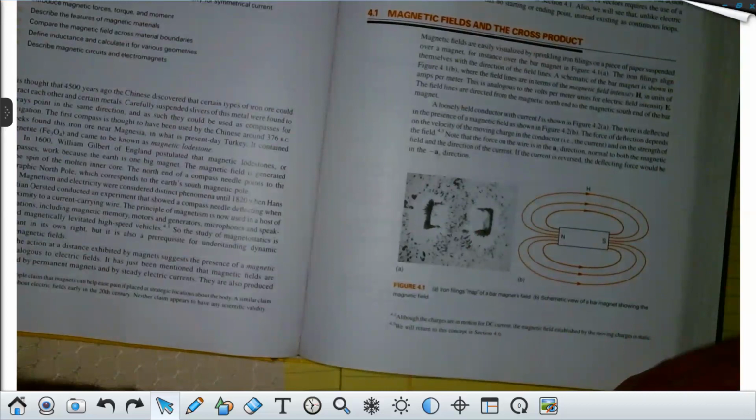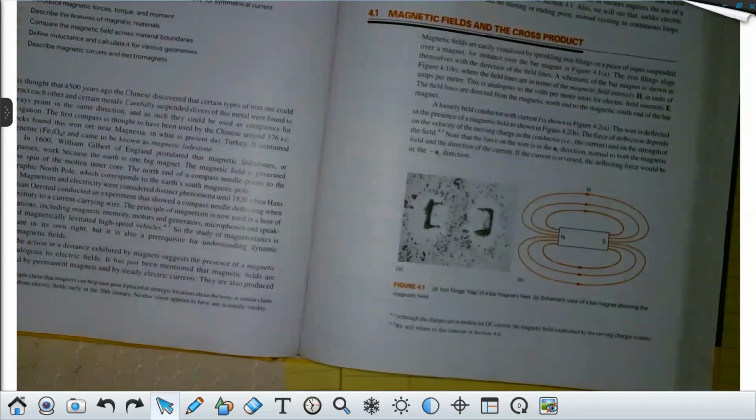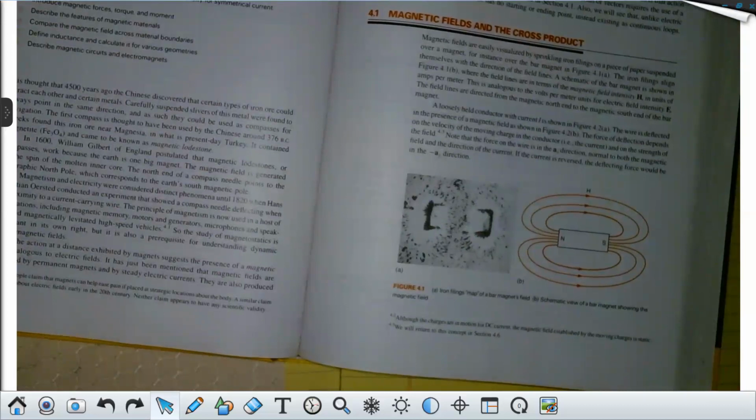Magnetism is something that we've known about since Egypt. They've known about lead acid batteries, or really chemical batteries, and magnetism since Egypt's time. And nothing much was done with it for almost 3,000 years.